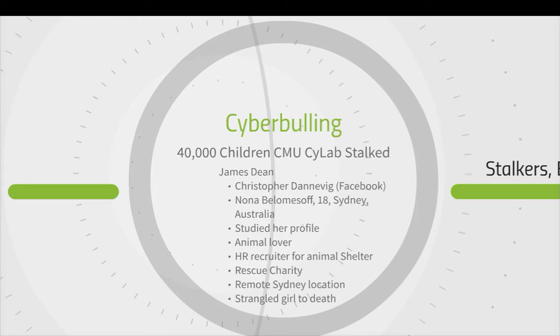He did it by claiming he was a recruiter for an animal shelter there in Sydney that was starting up in a remote area, and they were looking for people to help and do a charity event to save these animals' lives. He was doing this all remotely. He actually flew in, came into Sydney, met the girl, took her out to this remote area to show her where the shelter was going to be, and strangled her to death.